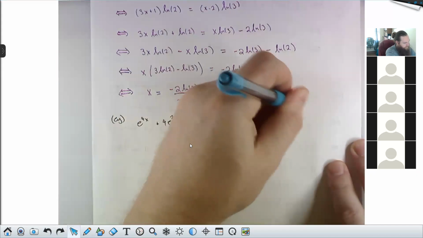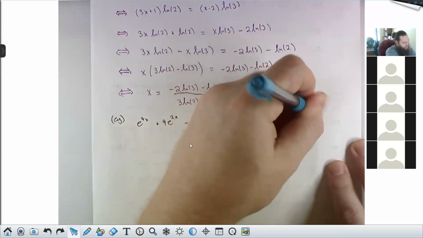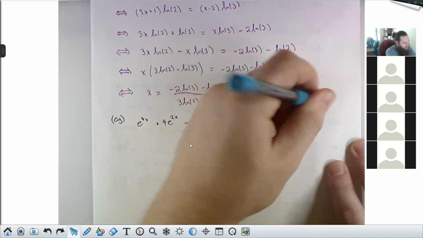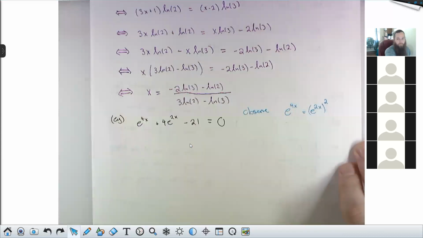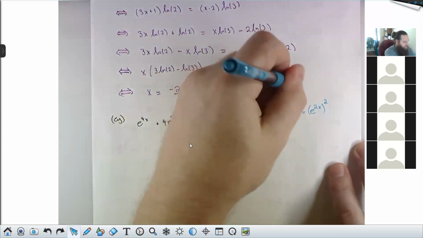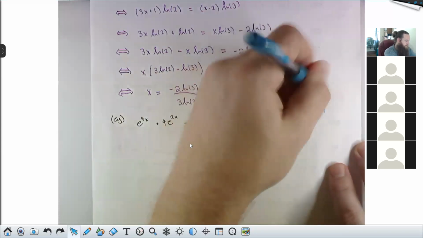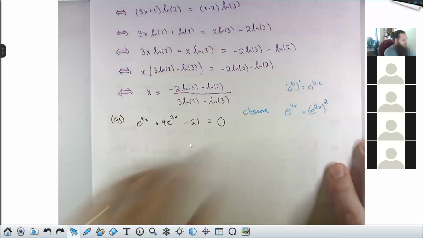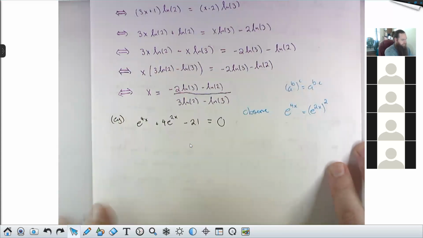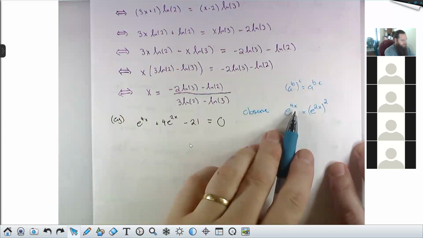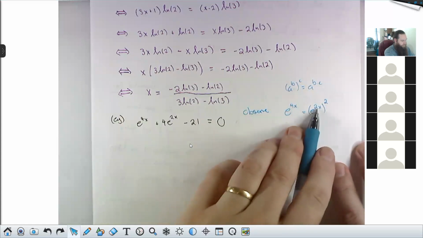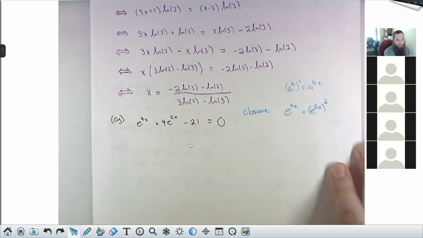that e to the 4x is really e to the 2x squared. Same rule, right? That's that a to the b all to the c is a to the b times c. 4x is 2x times 2. So that's e to the 2x times 2, which is e to the 2x squared.